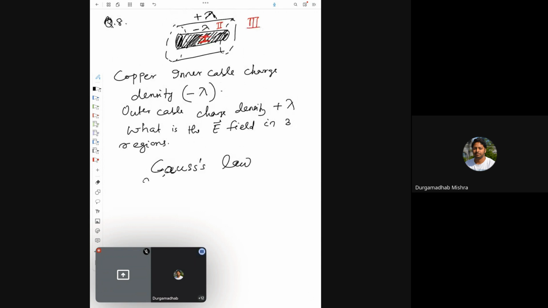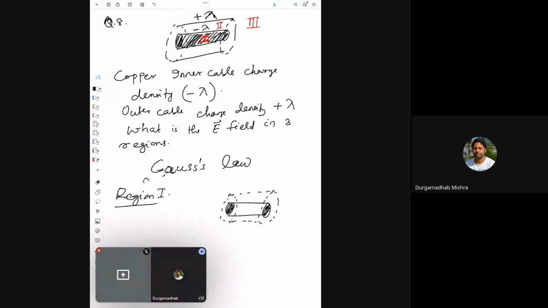Okay, so if I draw, let's say region one first. I will look at this inner cable right now. And the Gaussian surface, again I draw, is a cylinder.